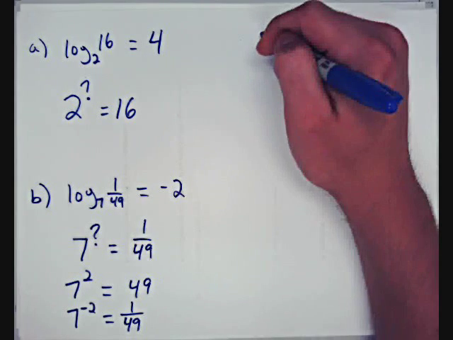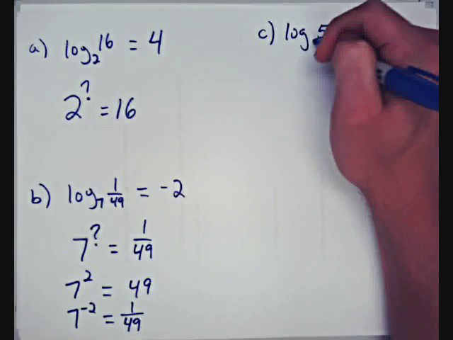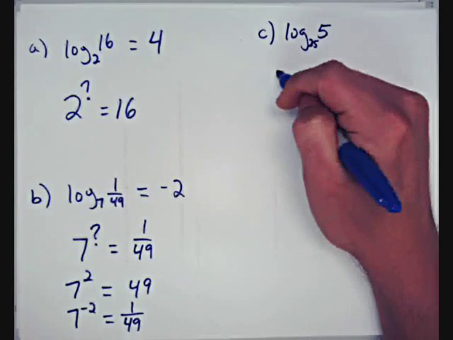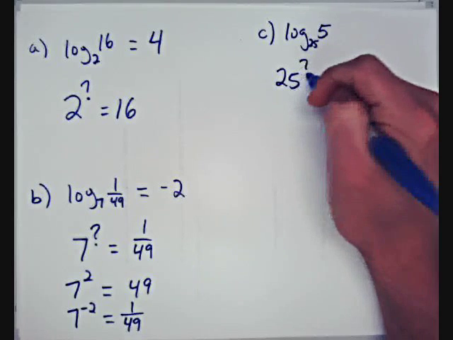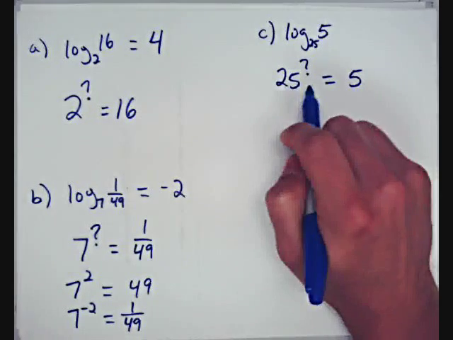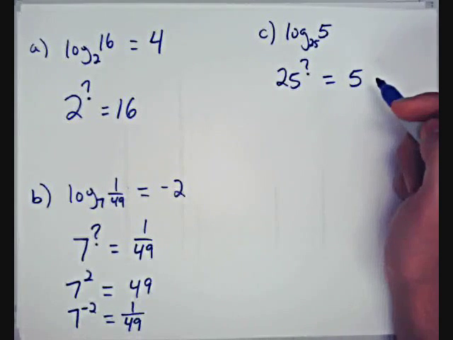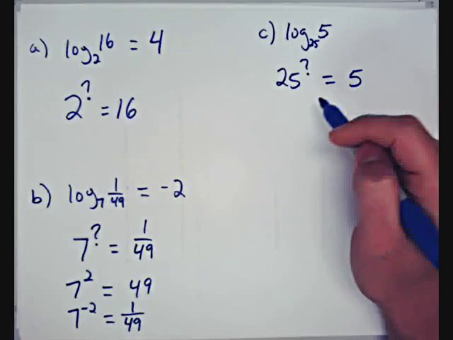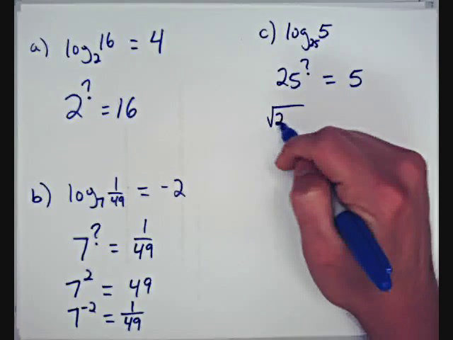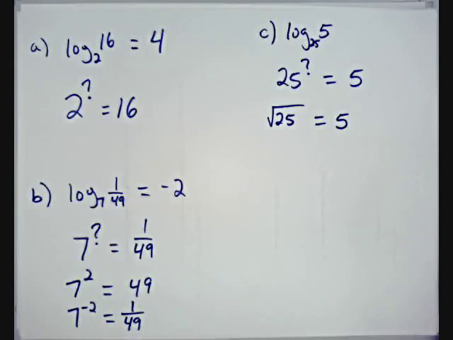Question C, evaluate the log of 5 base 25. So we are figuring out 25 to what power equals 5. Well, 25 is already bigger than 5, so if I square 25, I'm only going to get something bigger. So we have to think, what's the connection between 25 and 5? Well, I know if I take the square root of 25, I get 5.